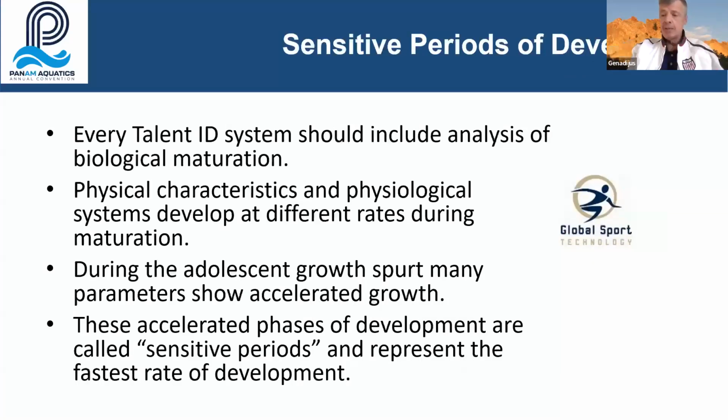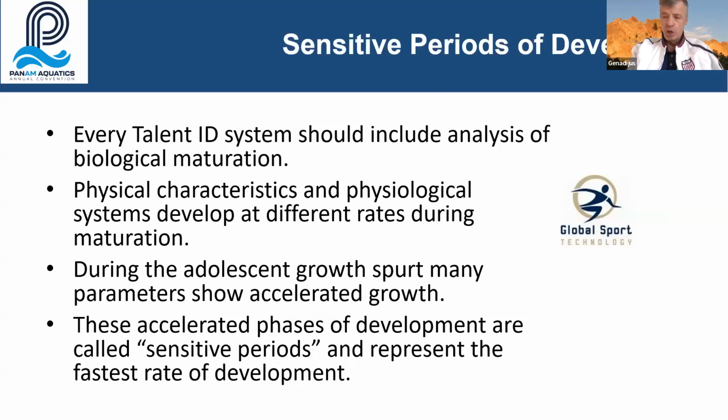And in Talent ID, we are also analyzing puberty, and we develop models of how much athletes should train at every age in order to reach elite level performances. And this model is based on biological maturation. We know that there are so-called sensitive periods of development. And these sensitive periods of development are different for different physical qualities.